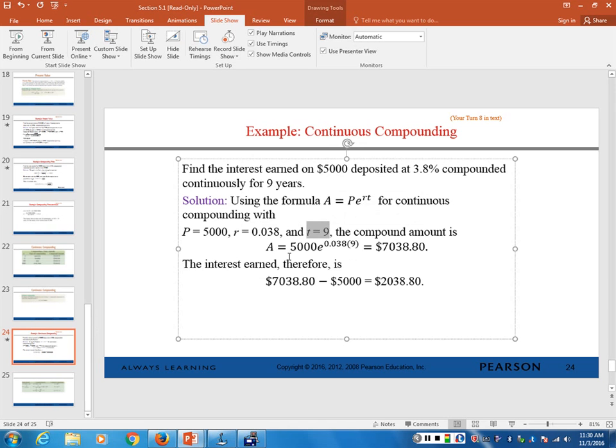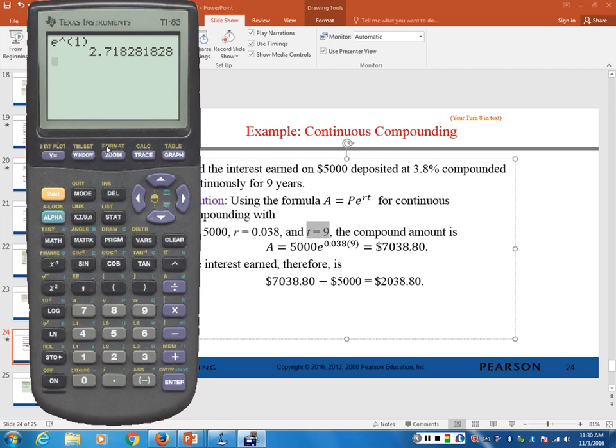So when you plug in, the formula is 5,000 times e raised to the 0.038 times 9, which equals $7,038.80. And the amount of interest earned is $2,038.80.